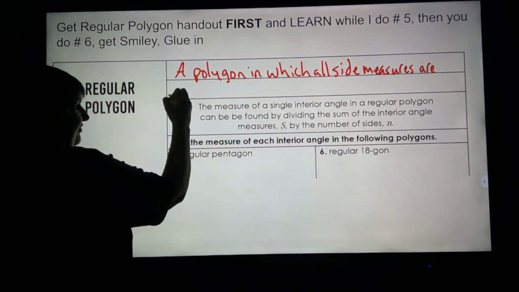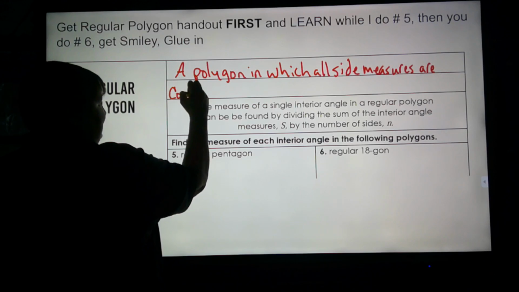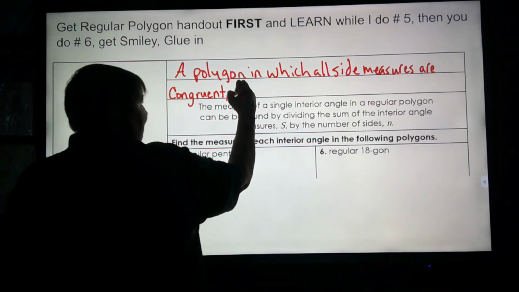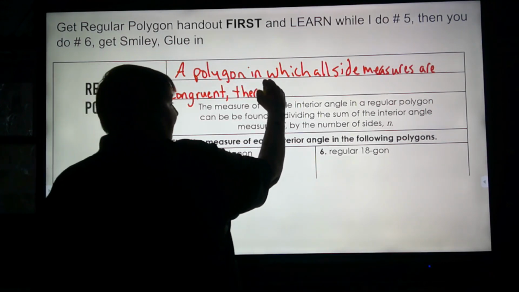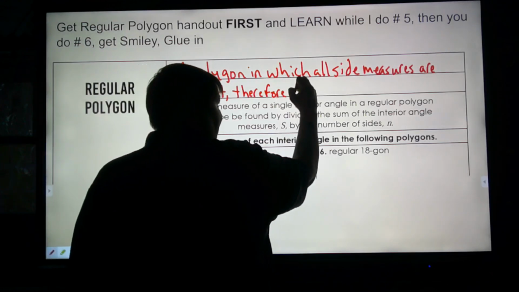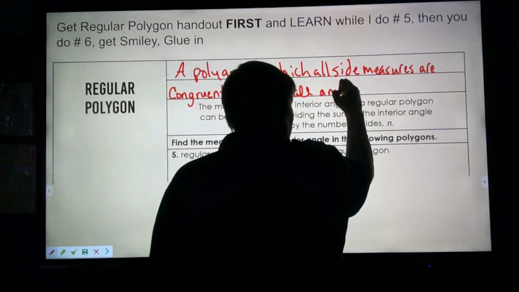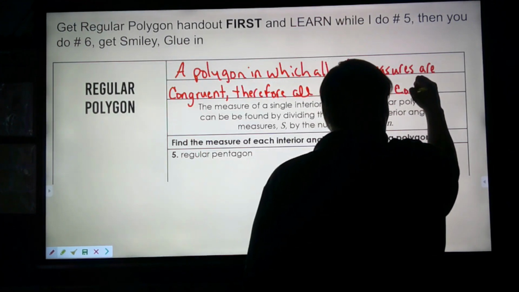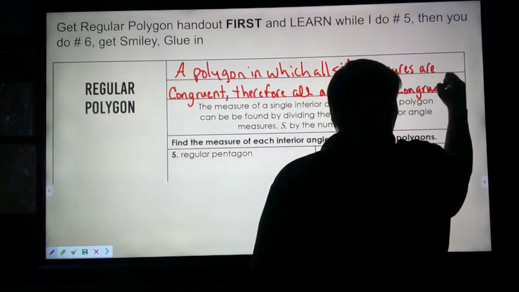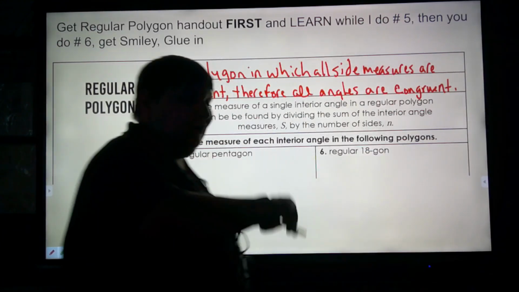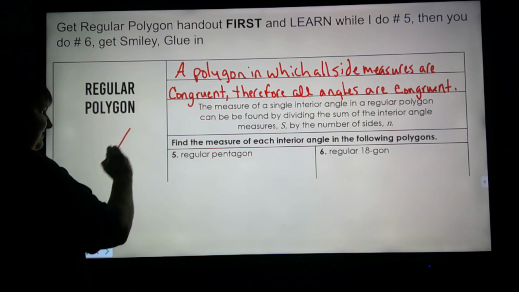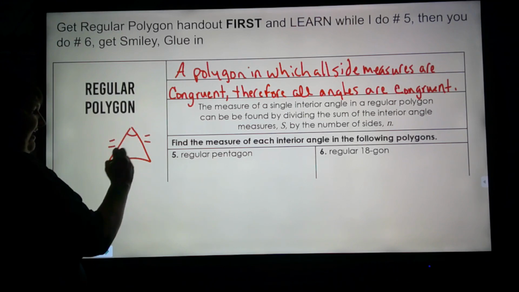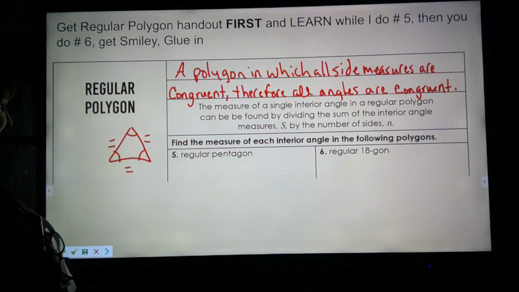Congruent is a mathy term for equal. Which means, therefore, all angles are congruent, equal. If all of the side measures are equal, then all of the angles are equal. That's just the rule.